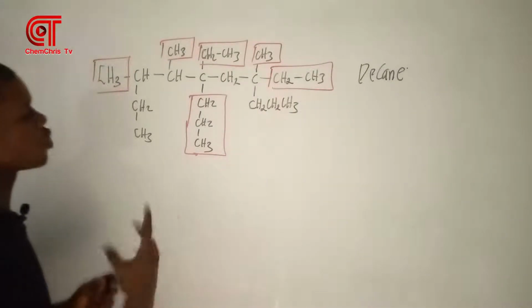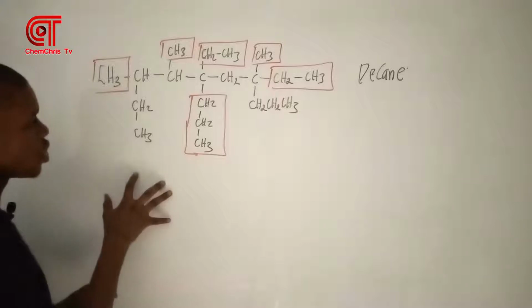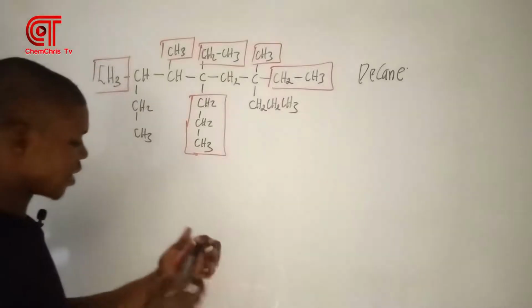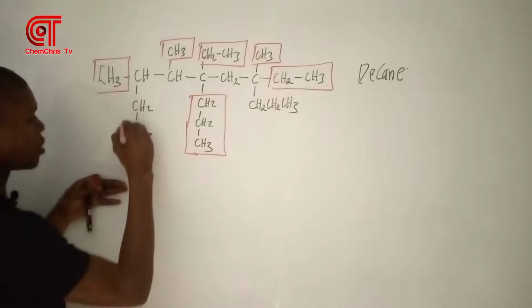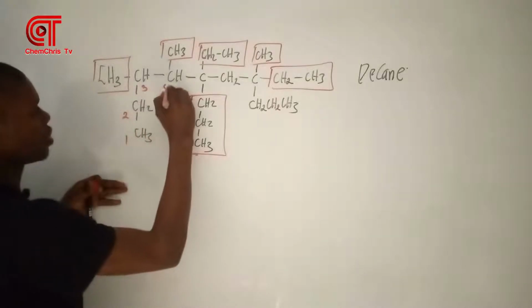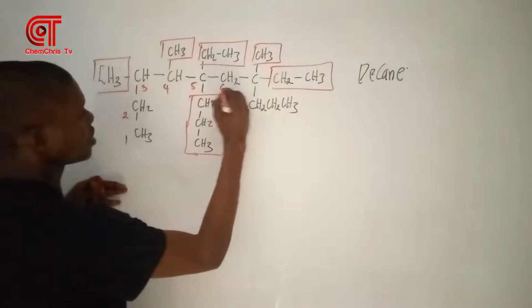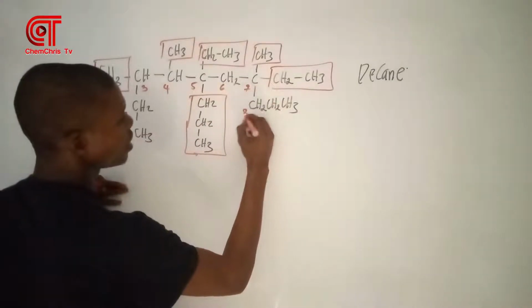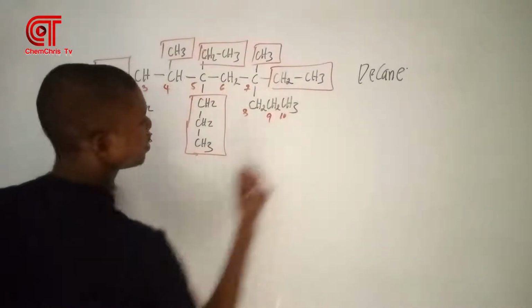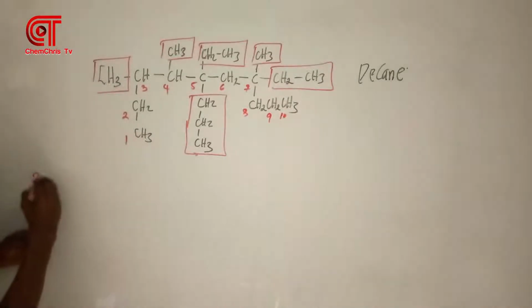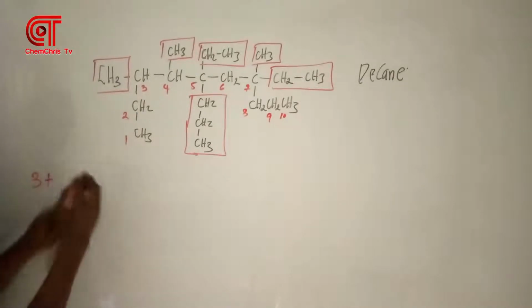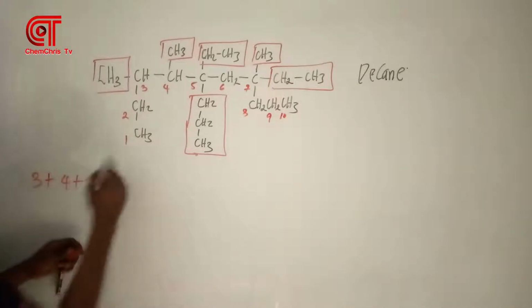So how do you do it? You must number in such a way that the summation of the positions of the substituents has the lowest possible number. If we start our numbering from here, we have 1, 2, 3, 4, 5, 6, 7, 8, 9, and 10. Right? So I count about 3, I have a methyl, plus here we have 4, plus.